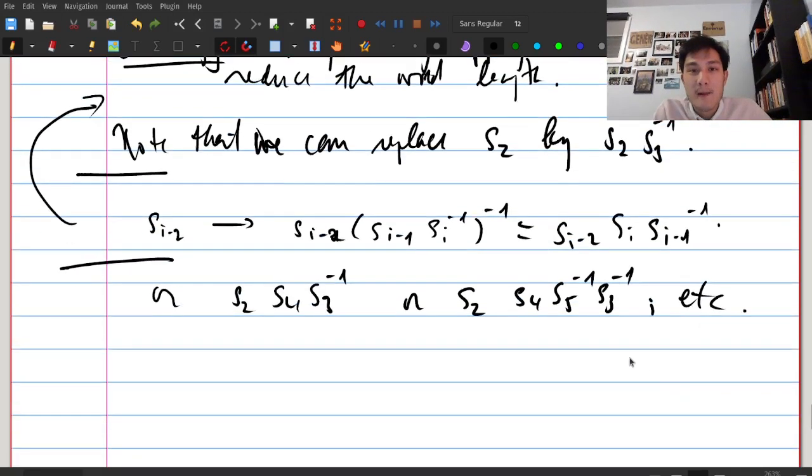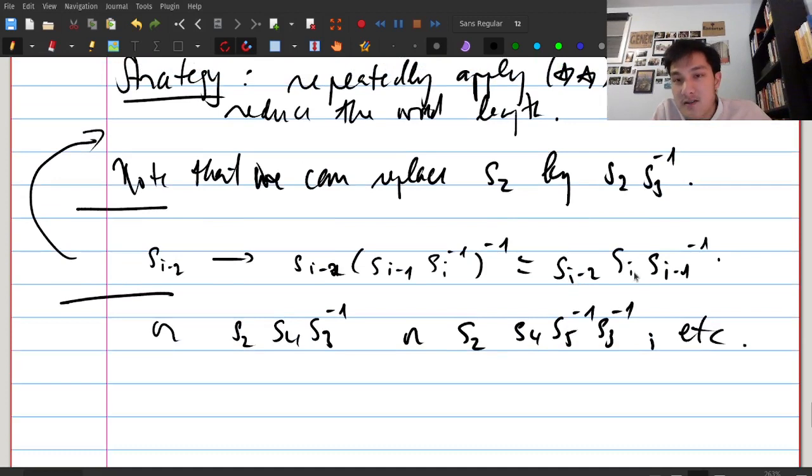Right, this is Si minus 2, Si minus 1, and then if we wanted to do Si minus 3, it would be the same thing, but it'd be Si minus 3, then Si minus 1, then Si minus 2.